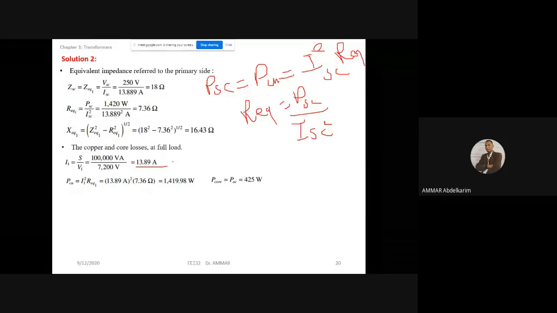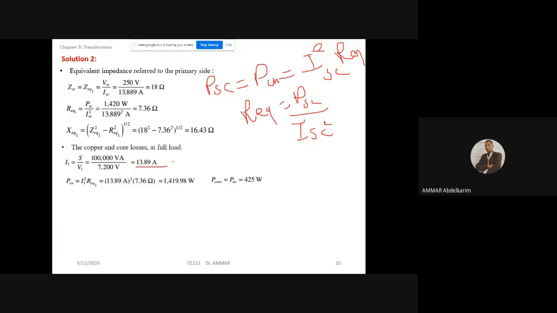Okay, so it's the maximum load that the transformer can support and work normally. So it can support overload, but for a short moment. It cannot work overload for a long time.